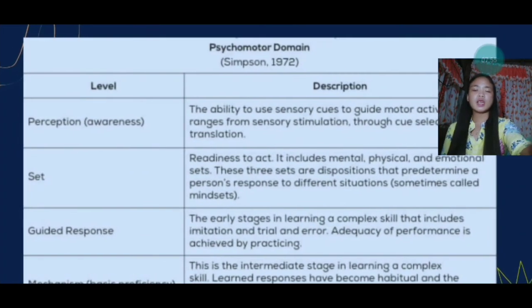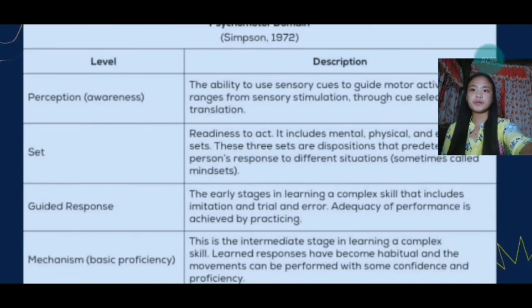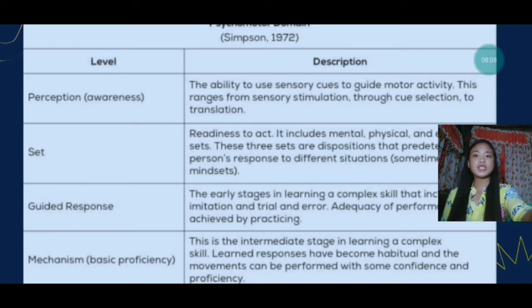Next is psychomotor domain. In psychomotor domain, it has a 7th level. The first level of this is perception or awareness. It is the ability to use sensory cues to guide motor activity. This ranges from sensory stimulation through cue selection to translation.